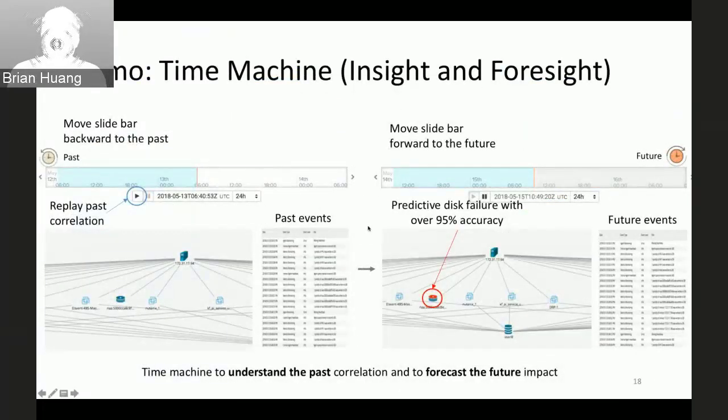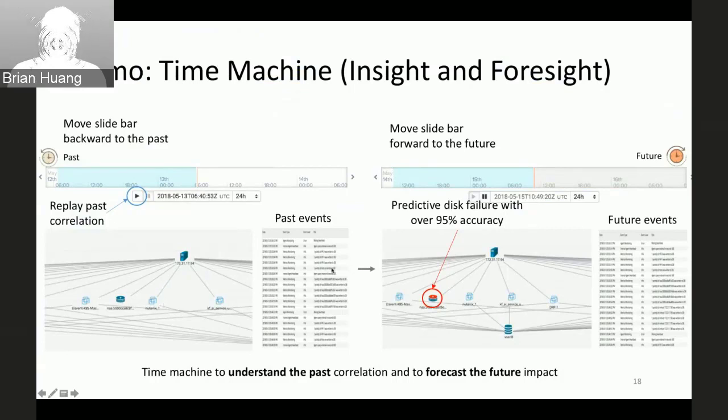Okay. And this screenshot is about what we call the time machine. Because we know that when an IT administrator wants to troubleshoot an issue, they need to look back at what's going on in their IT environment. So Redeye provides what we call a time machine to let users reverse back to what was going on in their IT environment, and provides a cross-layer map to let the user see how an event may impact other components in their environment.